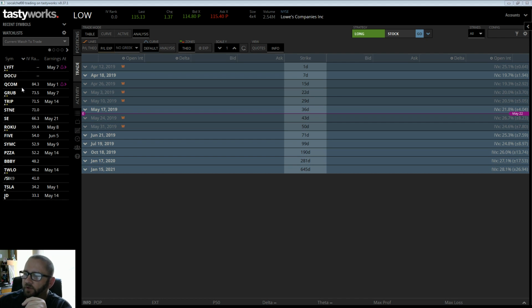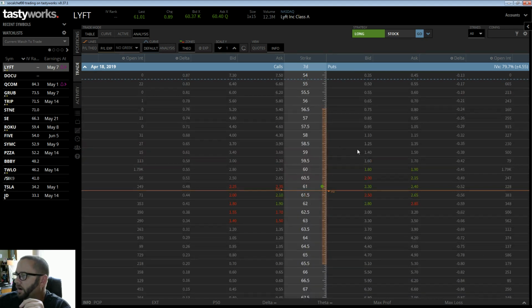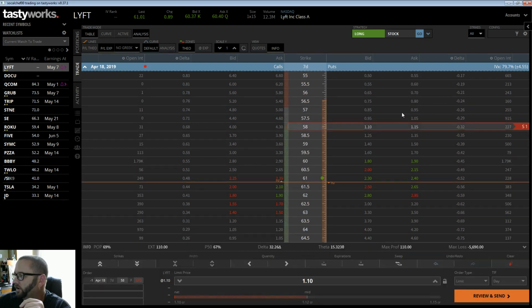Okay, let's find one that I can show. What I mean is I start right around 30 delta, and on a dollar wide, so this 58 and 57, I would like to see 30 cents, ideally.